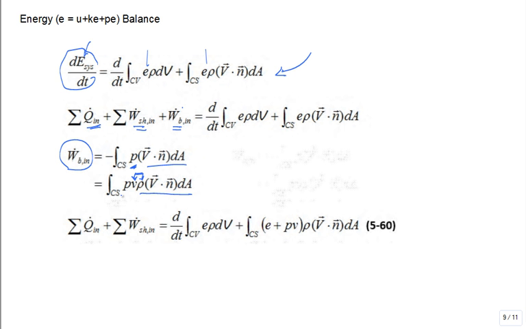And then we bring that term over and lump it with this other surface integral. So we have the specific energy plus PV. That energy is u plus 1/2 V squared plus gz. Guess what? The u plus Pv combine to make a new property that we call enthalpy, h.